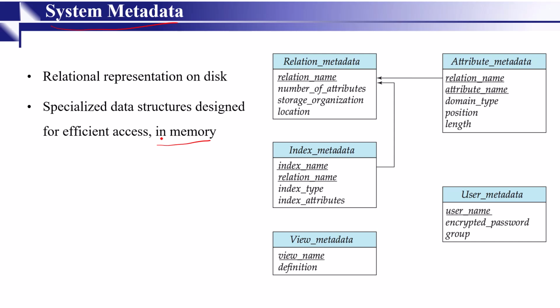So this system metadata includes relational metadata like names and storage details, index metadata for indexing strategies, view definitions, attribute specifics, and user credentials, all essential for managing the database system. So here we can see we have relation metadata: relation name, number of attributes, storage organization, location, and the rest that you can see for index, for view, for user, for attribute.